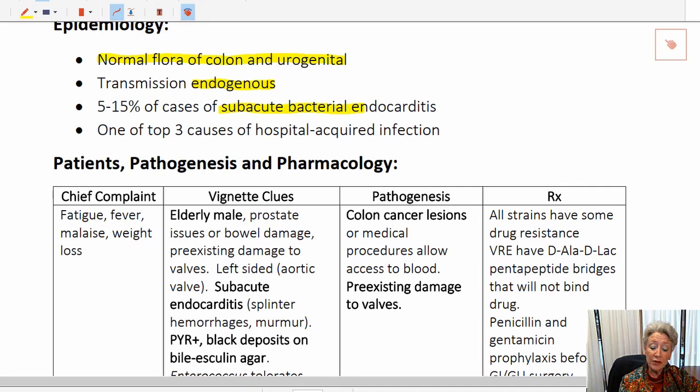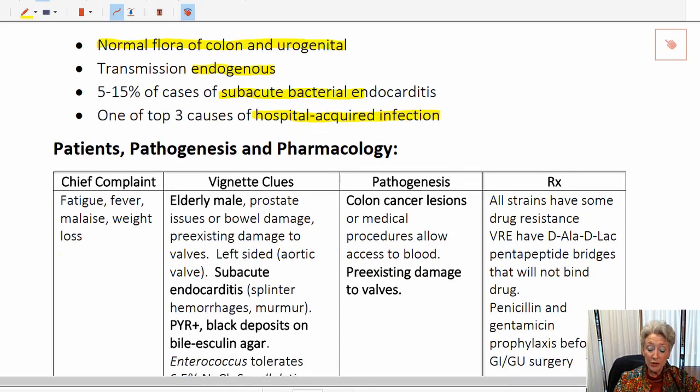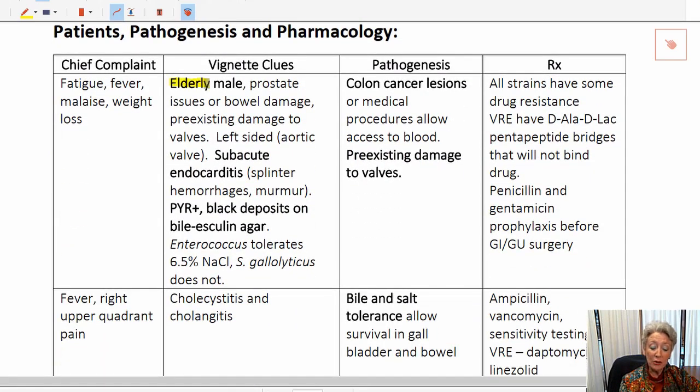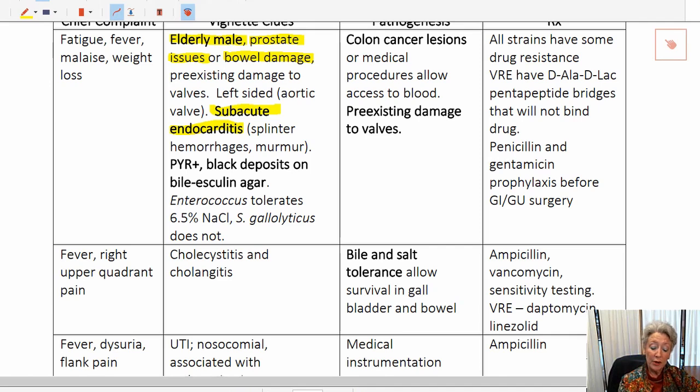And of the list of things that one can get from hospital-acquired infection, these are one of the top 3 sets of agents. So when we have an elderly male who has undergone some sort of prostate therapy or damage to the bowel, then the escape of these organisms into the blood causes subacute endocarditis. And this would have all of the classic signs and symptoms we talked about before.